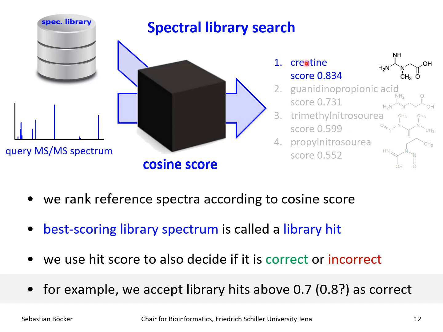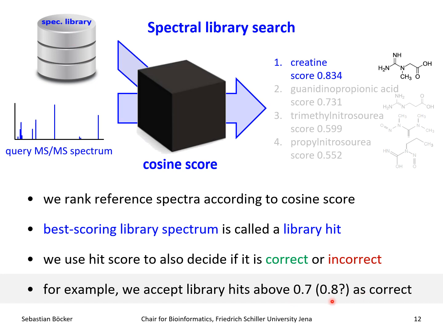And then again, we only consider the best scoring hit, and I will call that library hit here, and then again, it might be correct or incorrect, because as I said, maybe the wrong candidate gets a better score than the correct candidate, and sometimes it can also happen that the correct structure is not even part of the library that we search in.